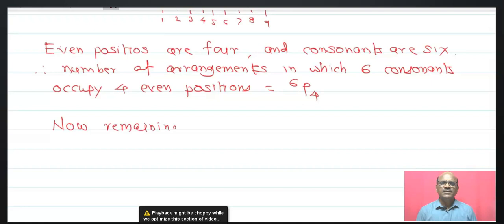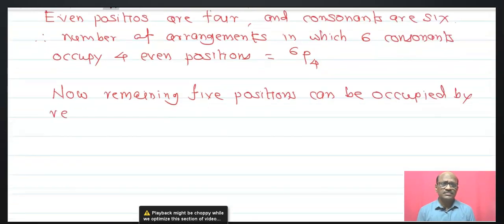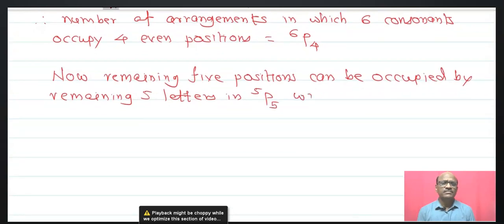Now the remaining 5 positions. In remaining 5 positions, there will be the 2 consonants and 3 vowels. 5 letters, that is a 5p5 ways.